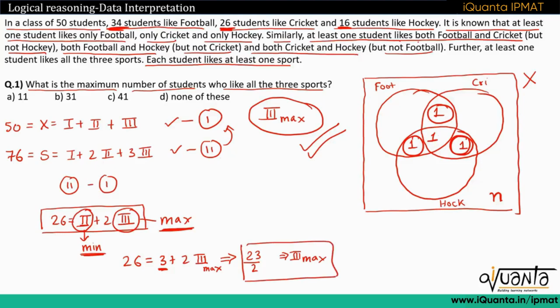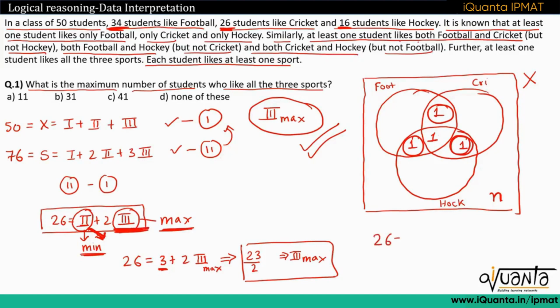But since exactly 2, exactly 3, exactly 1 are numbers of students, and 23 by 2 is equal to 11.5, can the number of students be 11.5 or a decimal? No, it should always be a positive integer, or we can say that it must be a natural number. So what can be the minimum value of exactly 2 such that exactly 3 becomes a natural number?